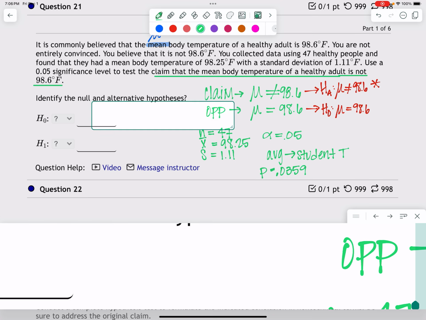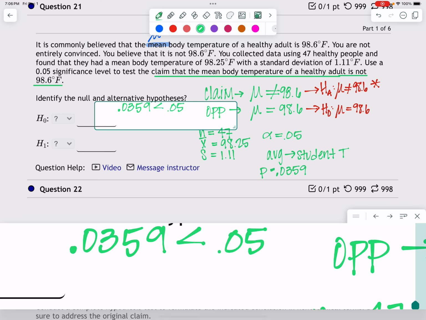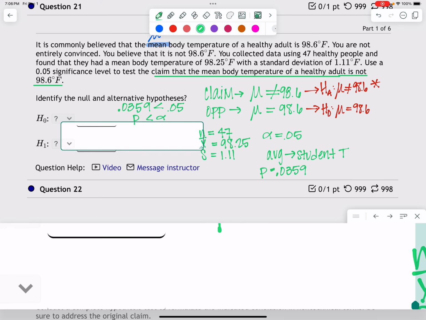So now I need to compare that to my alpha. I'm running out of room, so I'm going to run up here to do that. P was 0.0359. Alpha was 0.05. That means P is definitely less than alpha. So when the P is low, H0 has to go.